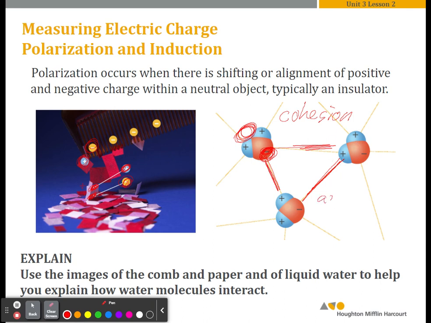That's called adhesion. And this is due to the polarity of the water molecule. Polarity means that there's a positive end and a negative end. Not all molecules are polar. Water is quite polar. Some molecules have no positive end or negative end.